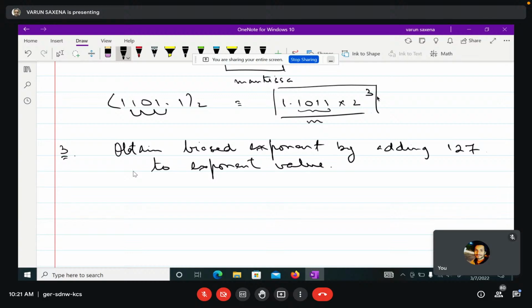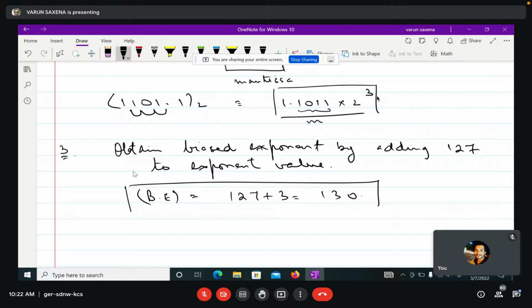So I would call biased exponent as BE. So BE is nothing but 127 plus 3, which is 130. So this step is also complete. I'm just squaring all the important things that you need to do.